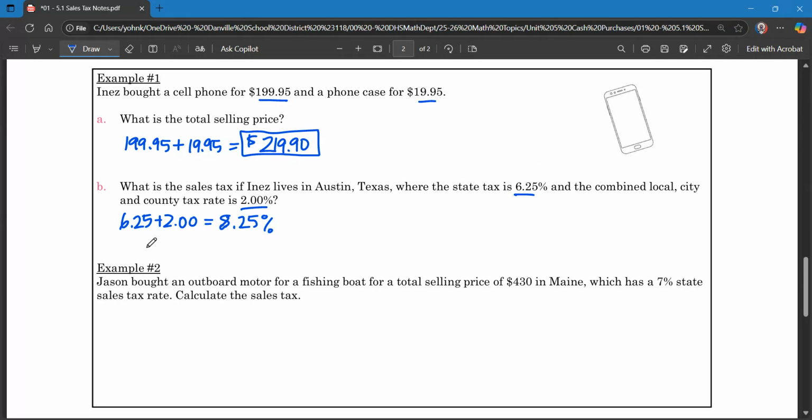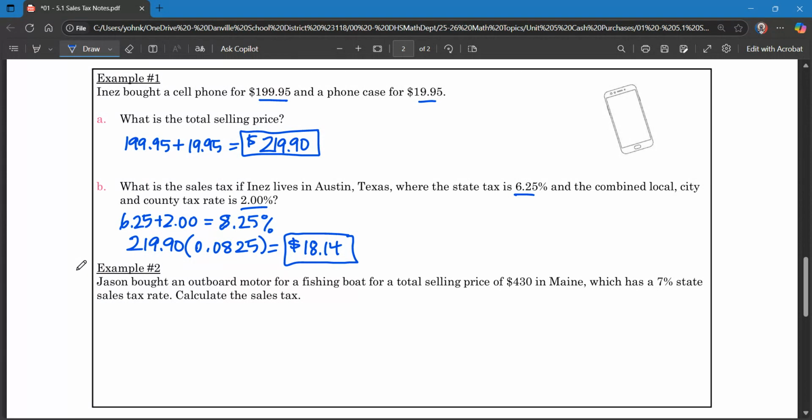But it's a lot easier if you add the percents together first, and then you just have to multiply one time. So now take your total selling price, the $219.90, and multiply by 8.25% as a decimal, so 0.0825. Remember, money only has 2 decimals, so when you round, you get $18.14. So if Inez is purchasing these things in Austin, Texas, she's going to have to pay $18.14 in sales tax.